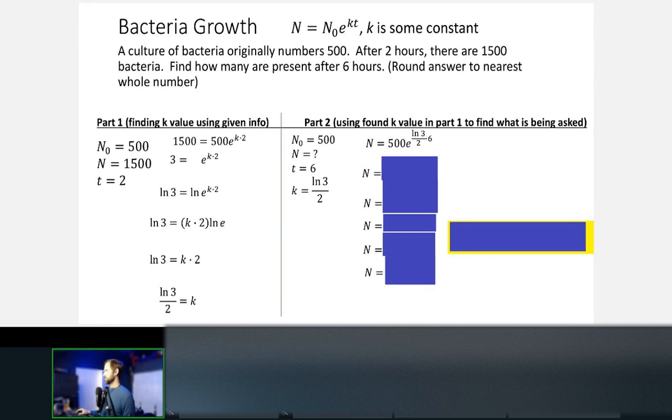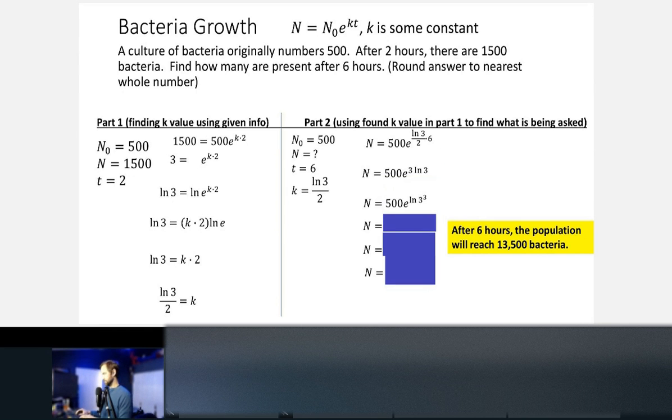$13,500. All three of you did. That's probably right. 13,500 is correct. And again, you can simplify it. Most people would probably just type this in, or 6 over 2 becomes 3. That's where that 3 came from.